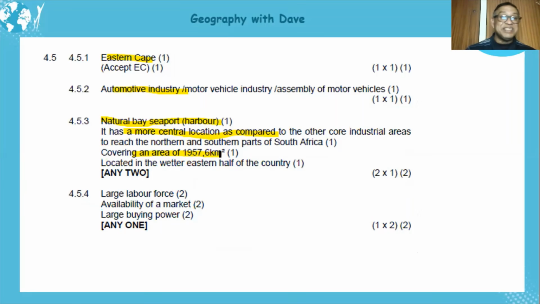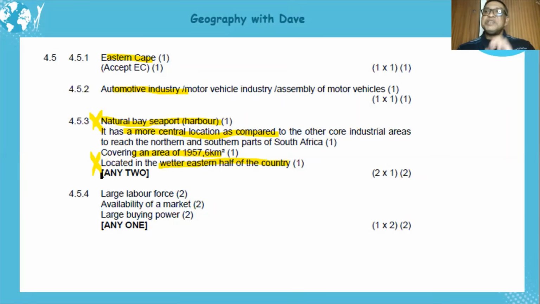Natural. It's located on the wetter eastern half of the country. Isn't that natural? I know which ones you would have gone for: the natural seaport and this. You would have just taken it from there. But there's a whole selection there which is correct.